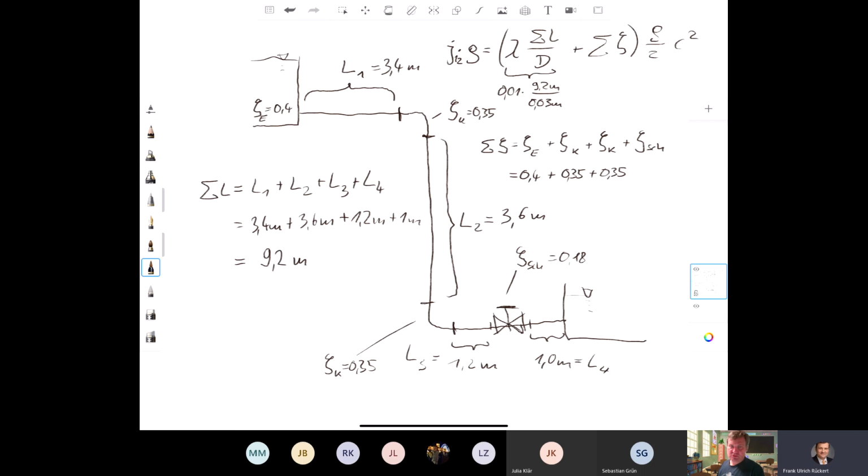Yeah, and these two zeta K, they are the same. Yeah, this and this are the same values because they are both the same elbows. Yeah, they have the same zetas. And here for this armature, we have a zeta of 0.18. So I sum it up.